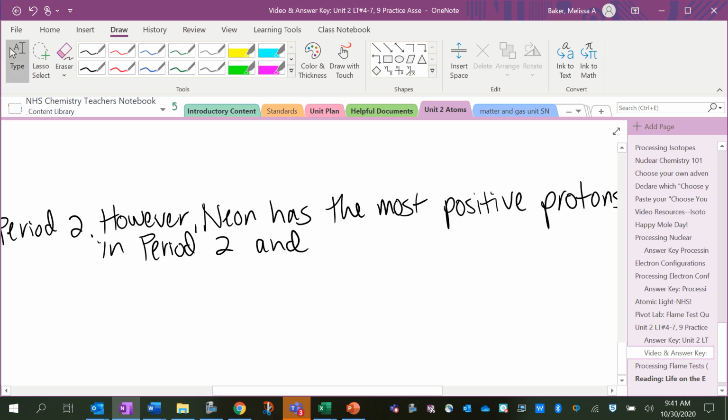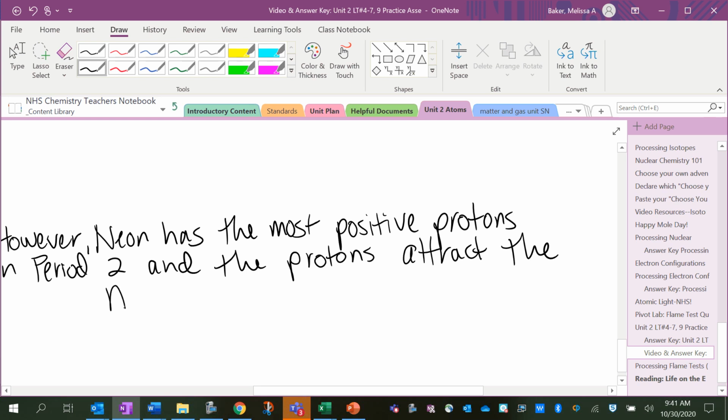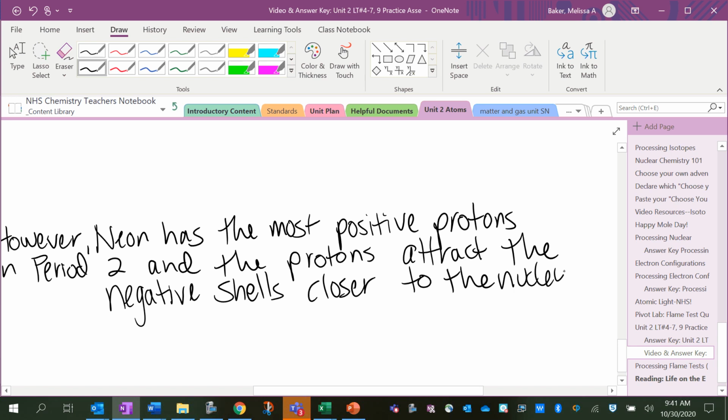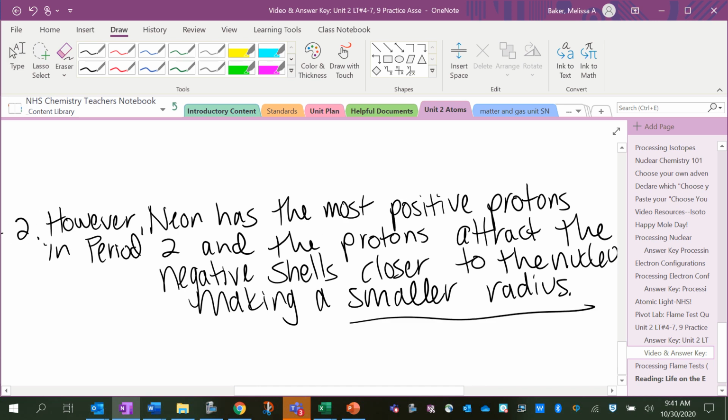And the protons attract the negative shells closer to the nucleus, making a smaller radius. Right? It makes sense. They've got the most positive protons in the core, so they're sucking in those shells, making it have a smaller radius.